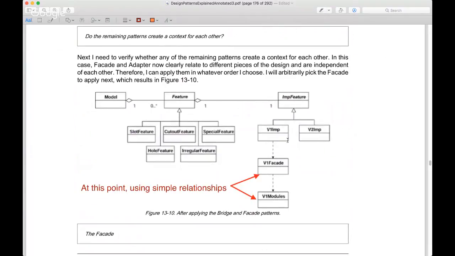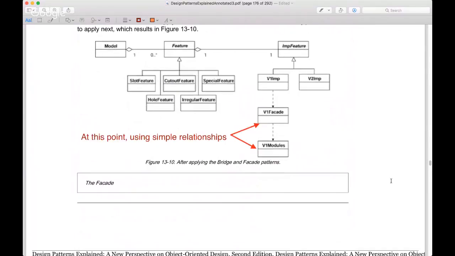And so at this particular point, he's dropping a facade in to talk to the V1 modules that will be able to identify directly with the target machine. And I notice at this point that he's just simply using relationships here between the abstract implementation and the facade and the actual implementation.